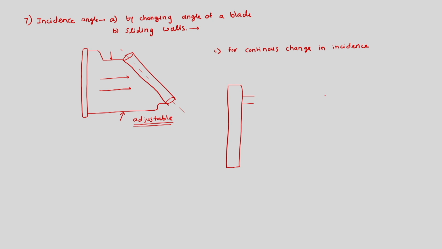So, this is the cascade now. This cascade would be put on a pivot, and this pivot is rotating the cascade.